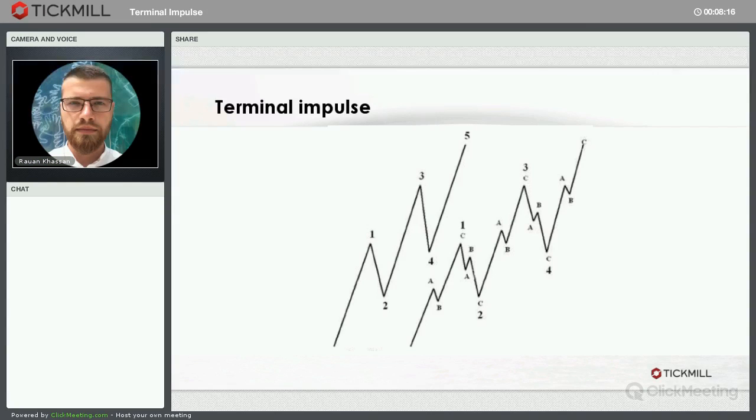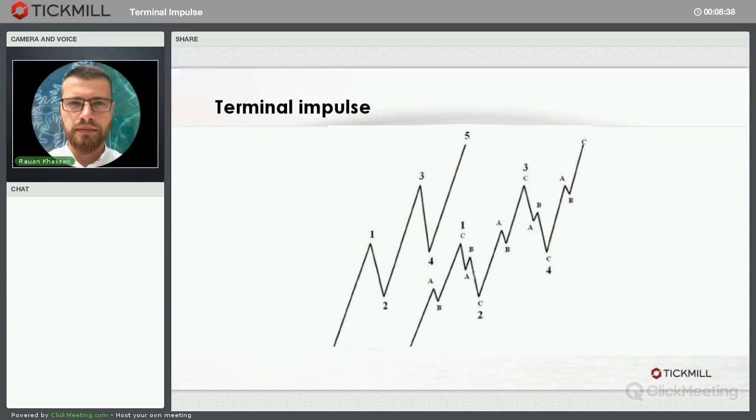The key difference is that in this 5-wave structure, each of these 5 waves has a correction template. As you can see on the right side of the screen, the 5 waves are broken down into details.